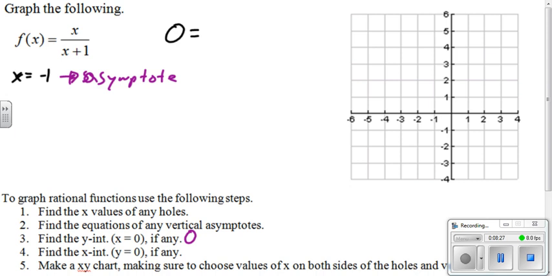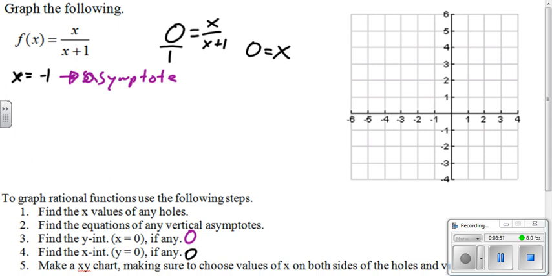So we'd say 0 equals x over x plus 1. We can call this 0 over 1 and cross multiply to find this. X plus 1 times 0 is still just 0. 1 times x is x. So it would solve out at where x is 0. So the only x-intercept is 0, the only y-intercept is also 0.